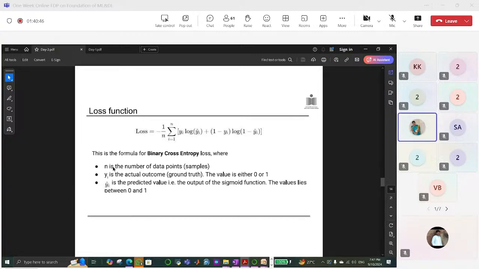N is the number of data points or samples, yi is the actual outcome and y hat is the predicted value. The output of the sigmoid function lies between 0 and 1.